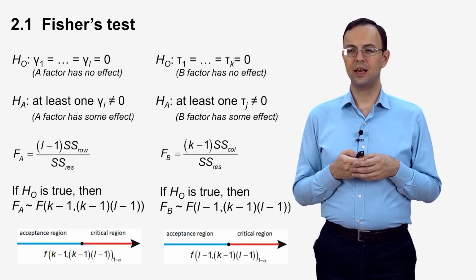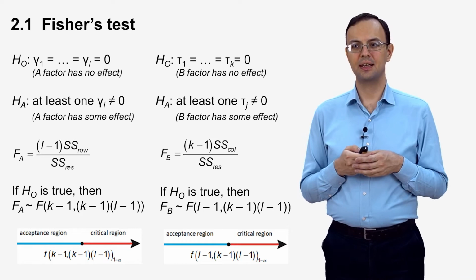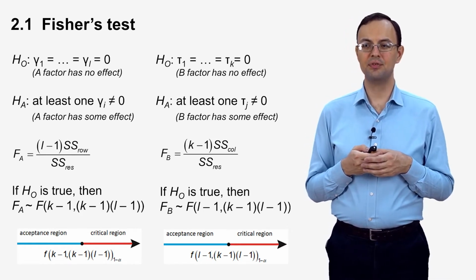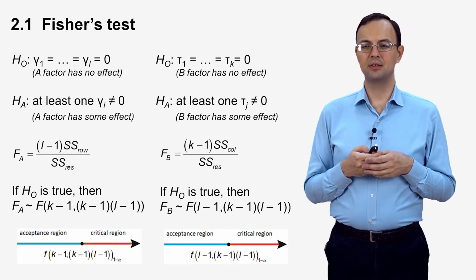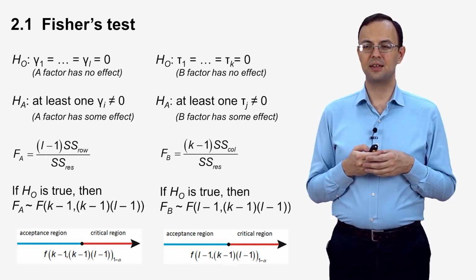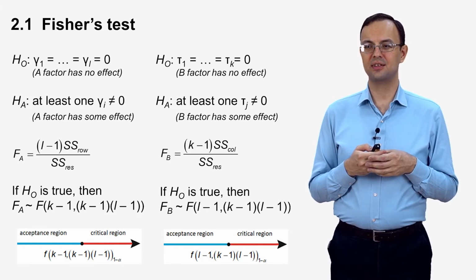Or we can test a hypothesis that B factor has no effect against an alternative that it has some effect. And so all is symmetrical. The test statistic for this test is k minus 1 times SS column divided by the residual SS.